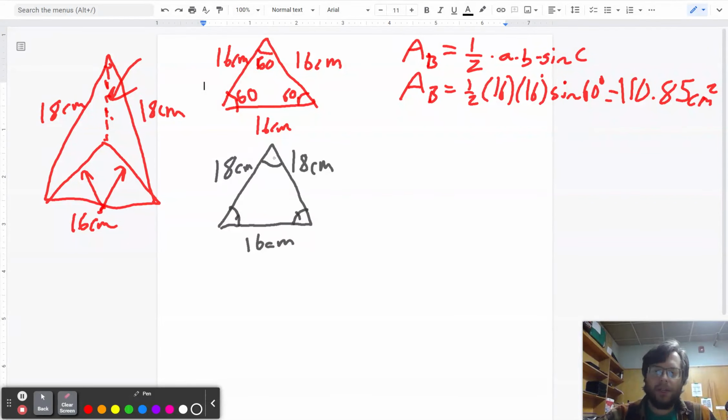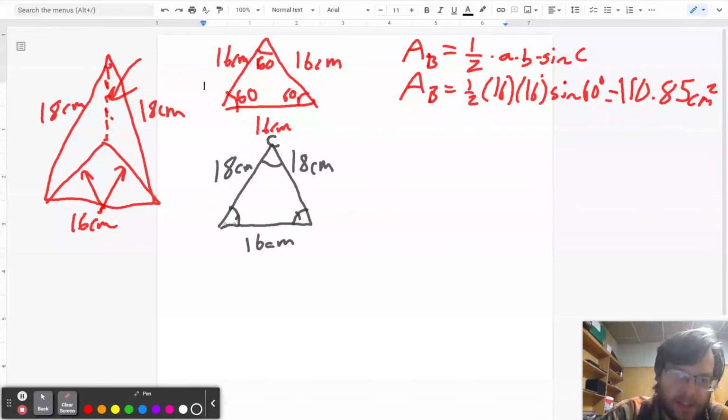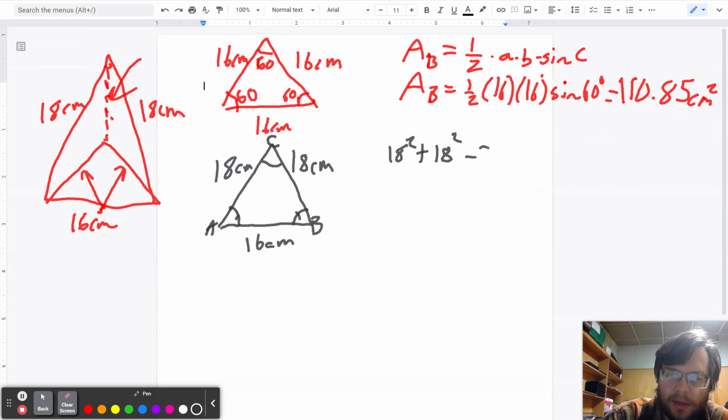What I can do though is use our good friend, the law of cosines, to figure it out. So let's set up law of cosines. I'm going to call this angle C, so I can call these A and B, and set up A squared plus B squared minus 2AB cosine C equals C squared.